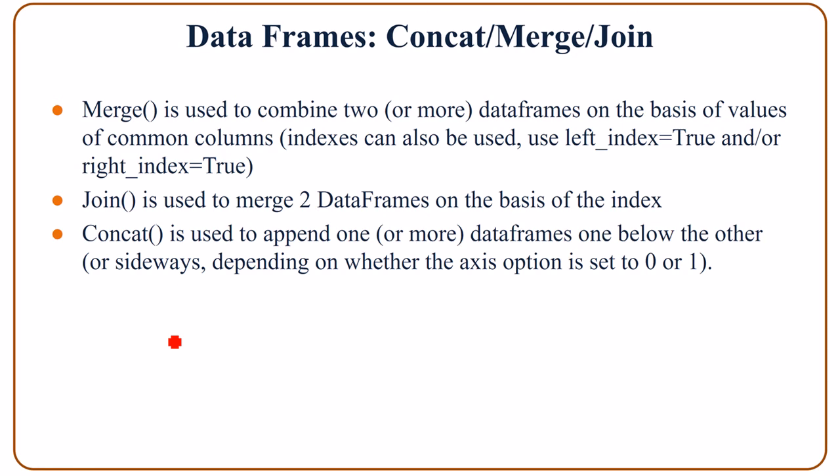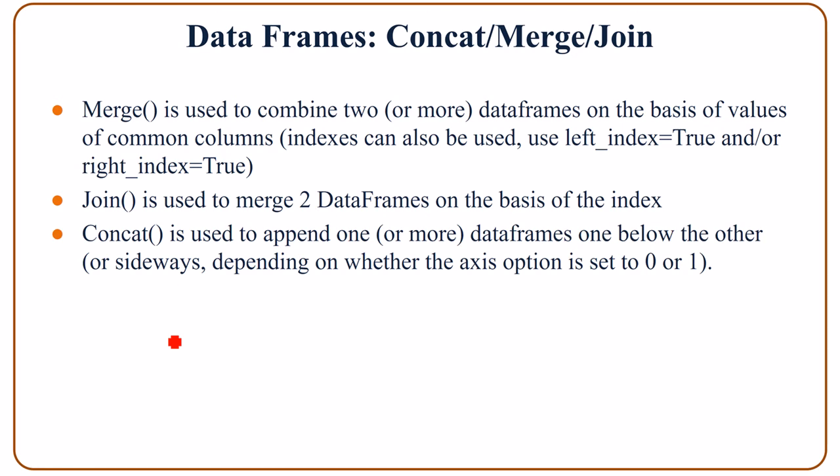Now we talk about several methods for concatenating, merging, and joining data sets, data frames within pandas. Merge is used to combine two or more data frames, and join is also used to merge two data frames using some indexes.